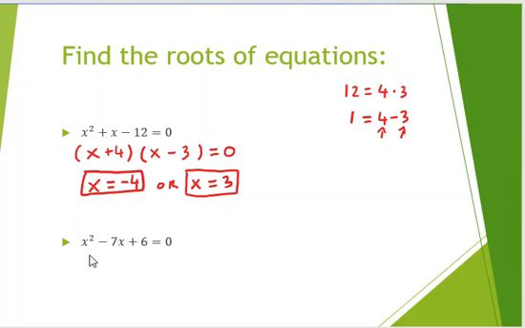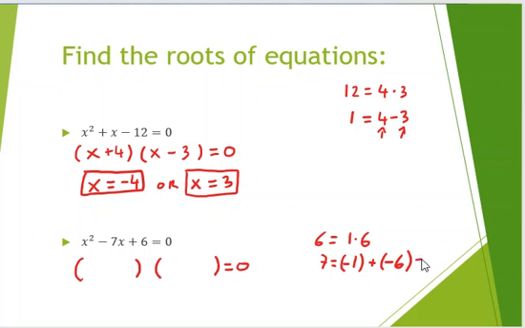Next one, again, because we have a leading coefficient 1, those are really straightforward. And I see that if I have 6, that 1 times 6 would be 6, and getting negative 7 would be negative 1 plus a negative 6.